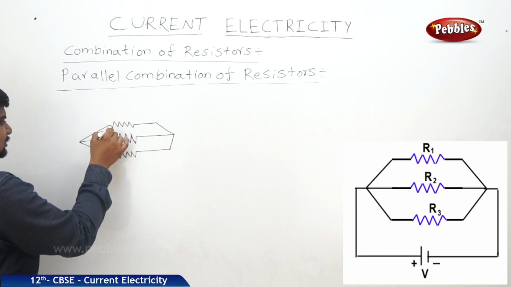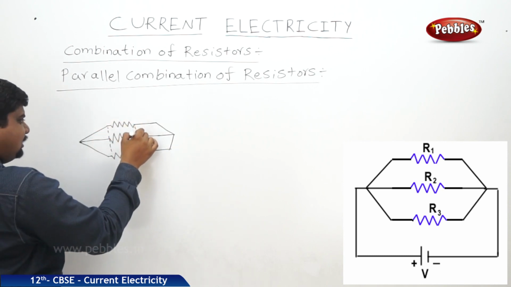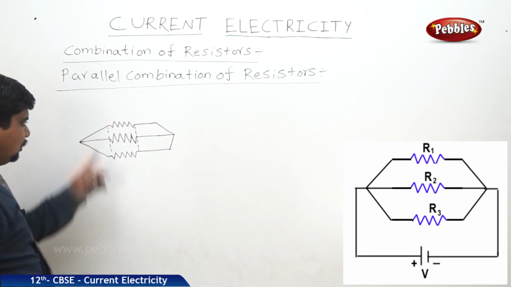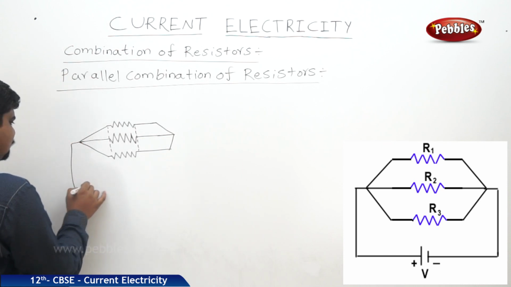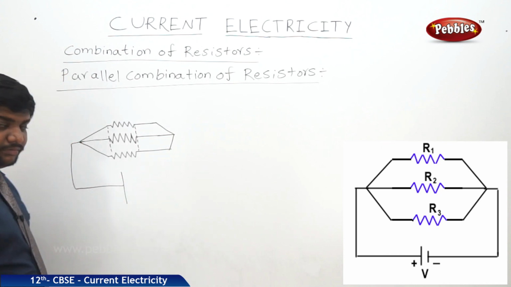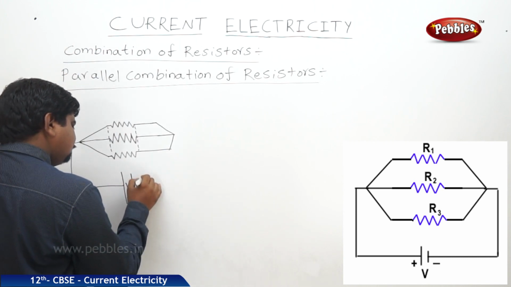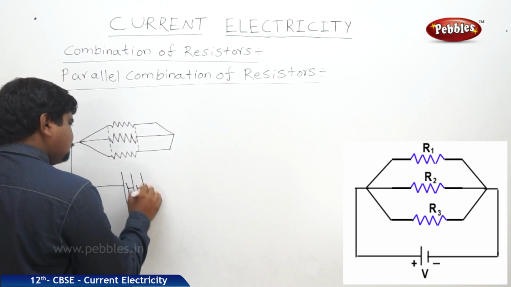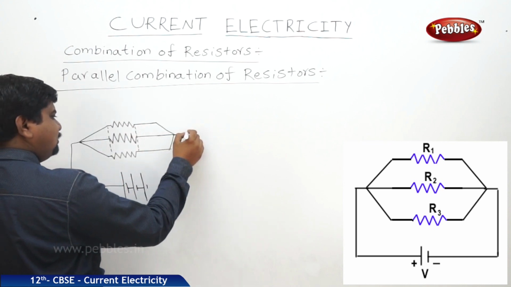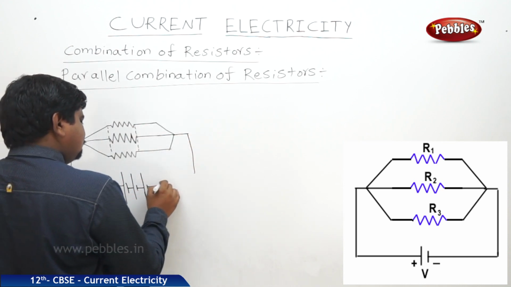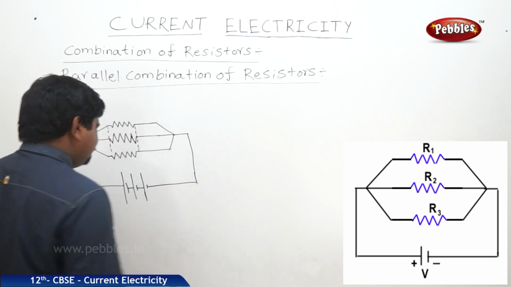These are all first ends. These are all second ends. All these first ends are common to the positive potential of the battery. All the second terminals are common or grouped to the negative potential of the battery.